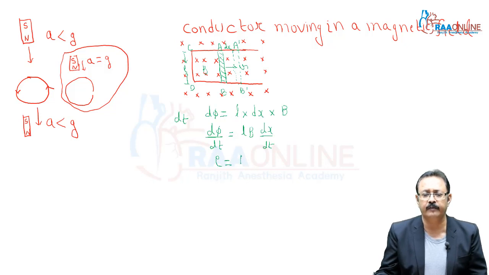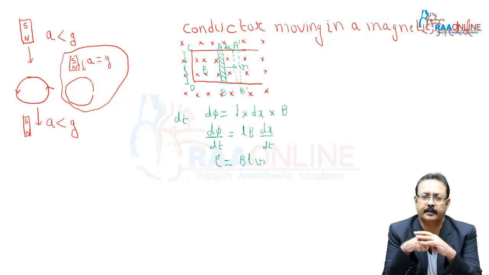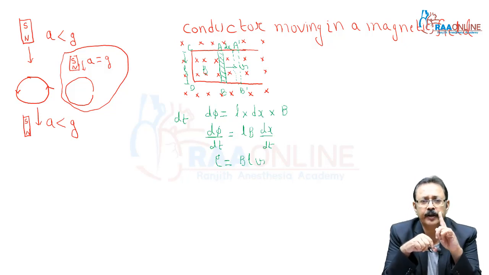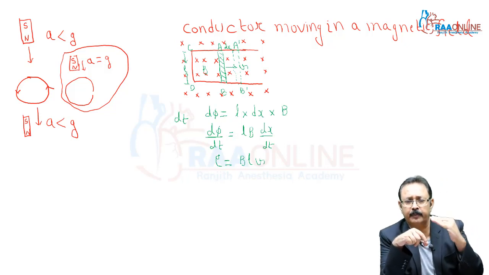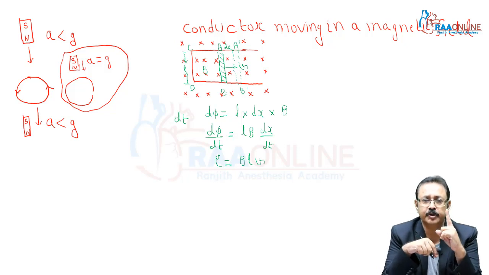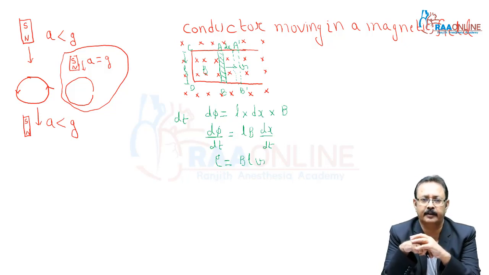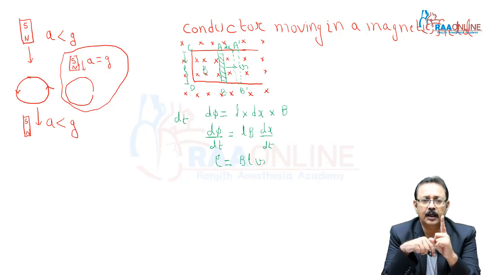So we got E equals BLV. If a conductor of length L is moving in a magnetic field B, cutting the flux perpendicularly with velocity V, an induced EMF will generate in that conductor and its magnitude will be BLV.